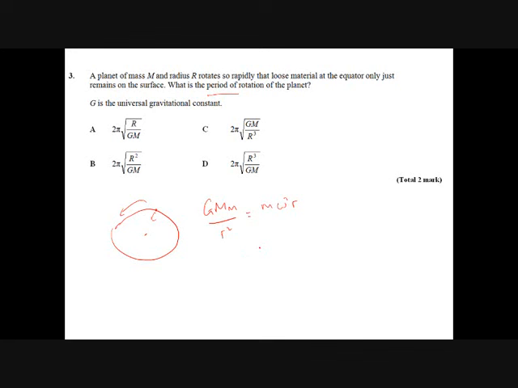So if we start from that one, we cancel out the m's, the mass of the loose material, so that's GM over r cubed equals omega squared, gives us omega equals the square root of GM over r cubed, but we didn't want omega, we wanted T, so T equals 2 pi over omega, so we multiply by that expression inverted, r cubed over GM.